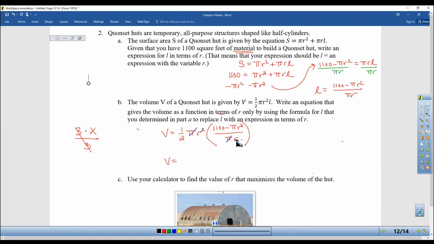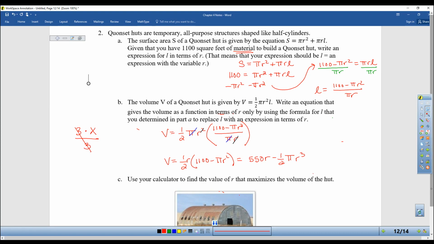So this represents 2. There's 1. And now I have 1/2 r, 1100 minus pi r squared. And of course, you can simplify that to 550 r minus 1/2, I'm not sure that that's simpler, pi r cubed. Okay.